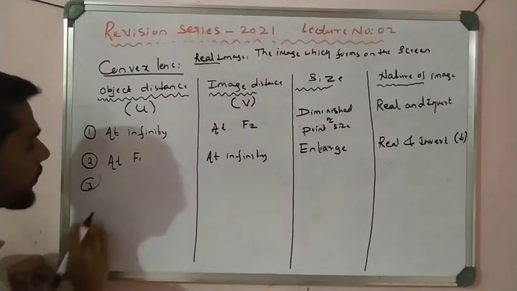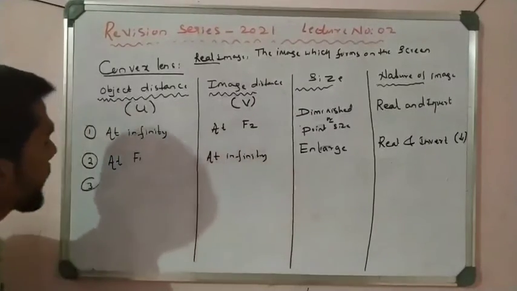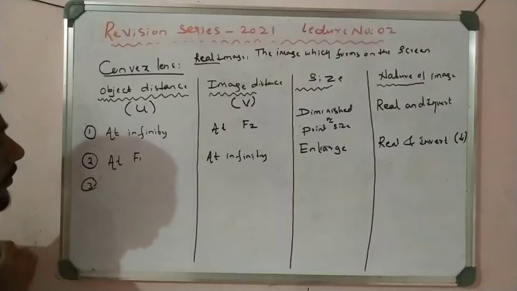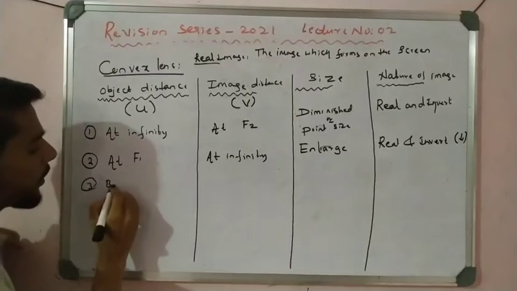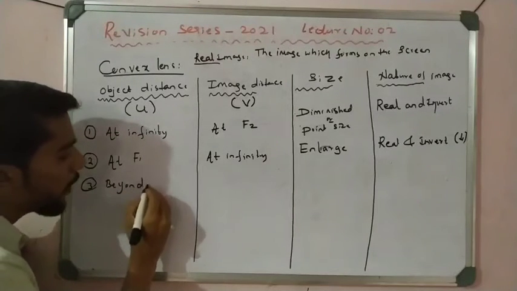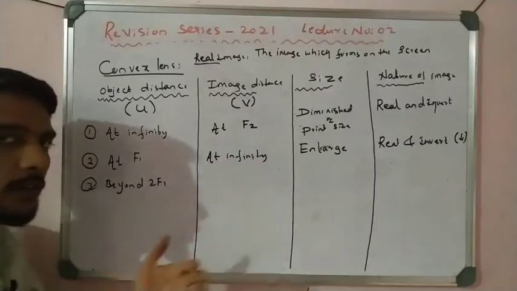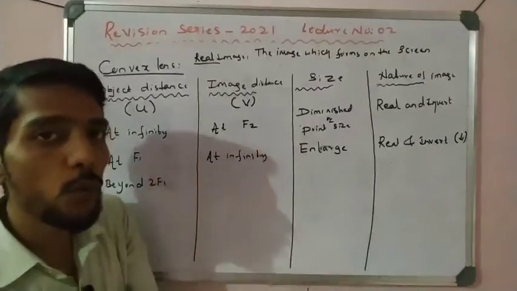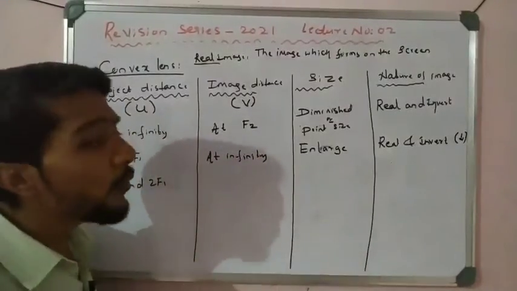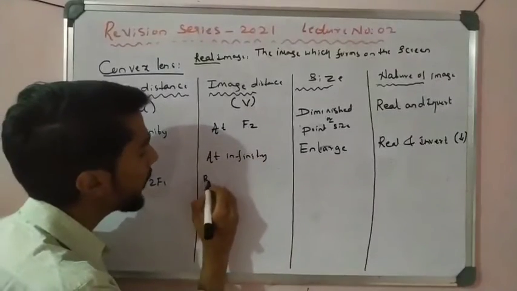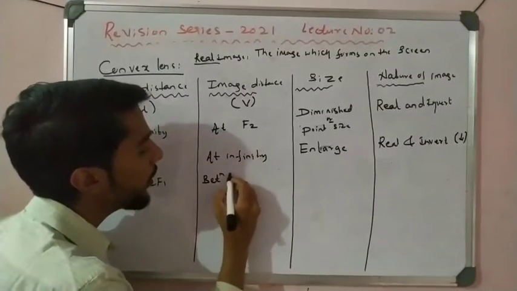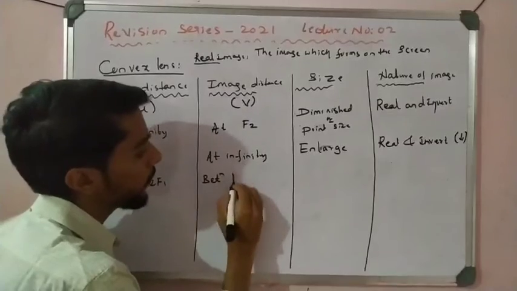Now the third one, I can write the third one, see here students, third one, beyond 2F1, so that is left side, beyond 2F1, before 2F1 I can put an object. So where is it formed? It is formed between F2 and 2F2, because of the right side.